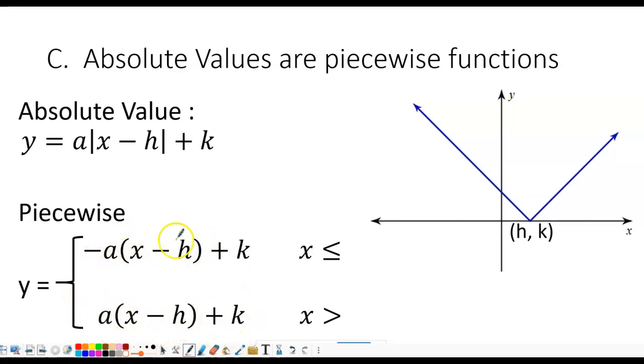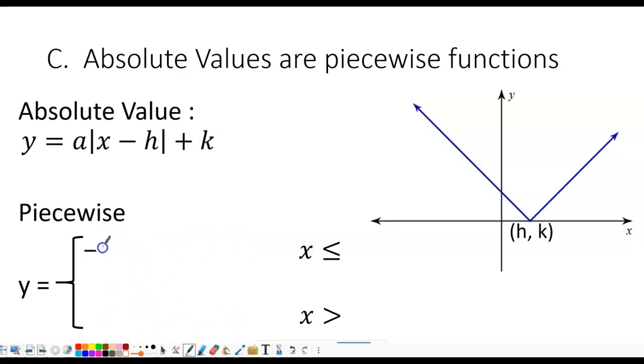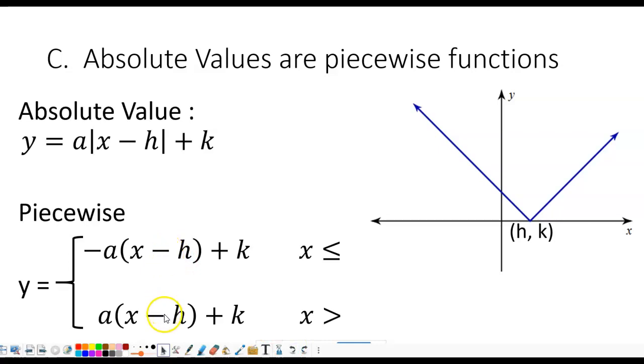You're always going to have a function here and a function here, and then an x less than or equal to here and an x greater than here. Now, you're going to take your absolute value function at the top, and you're going to write it twice, once on the top and once on the bottom.